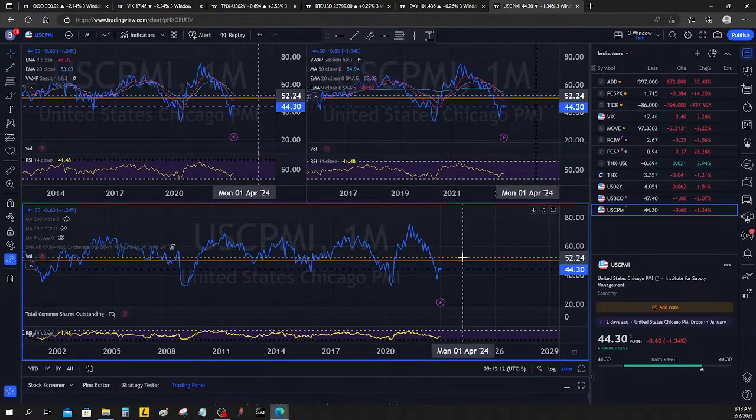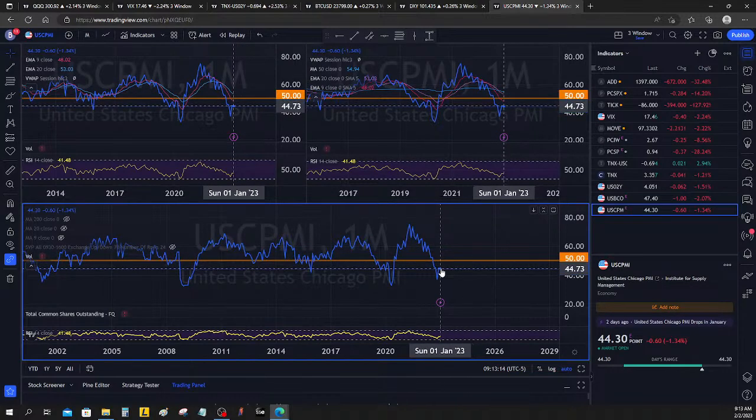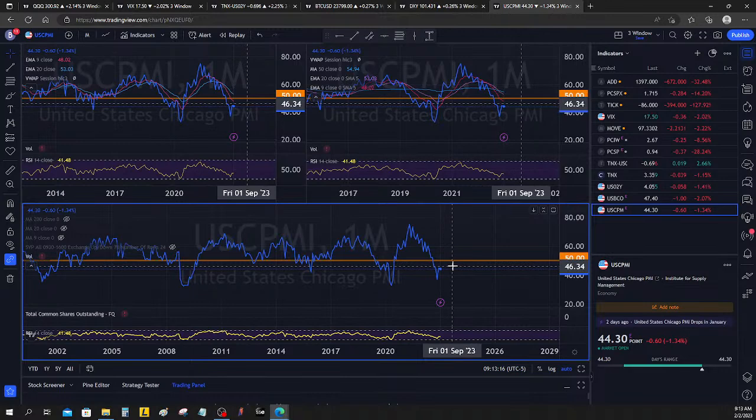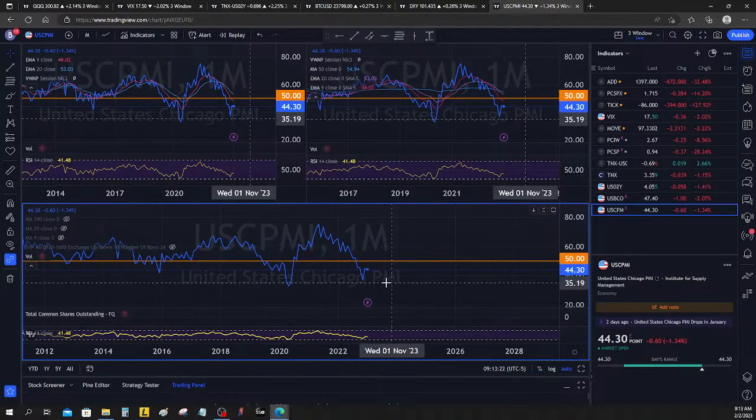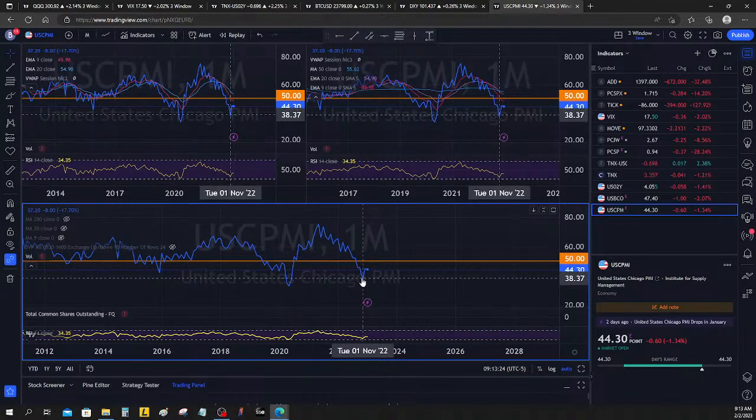A reading below 50 on the Chicago PMI is indicative of an economy that is contracting. And so, is this the bottom, this bottom that we put in last month? Let's see, that was reported in November, so those were October's numbers. And then December came out.